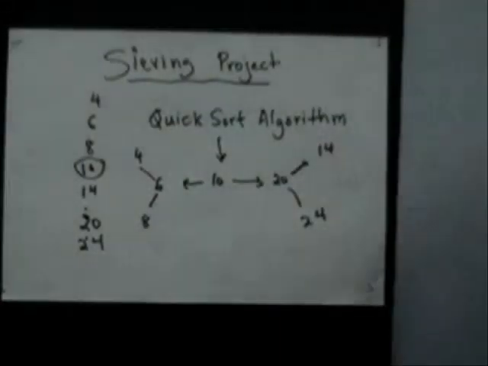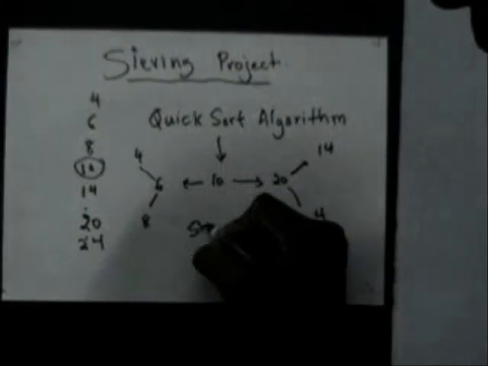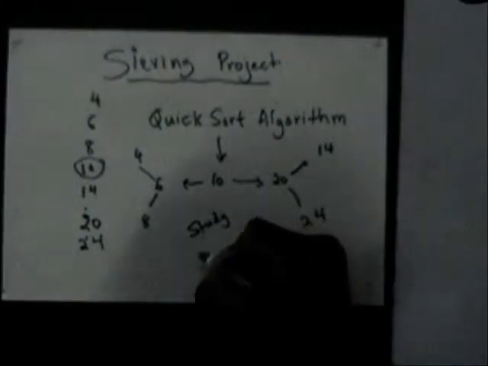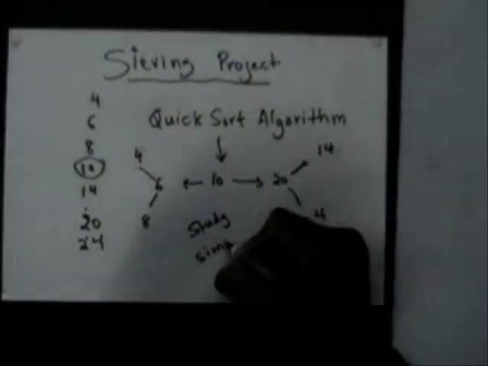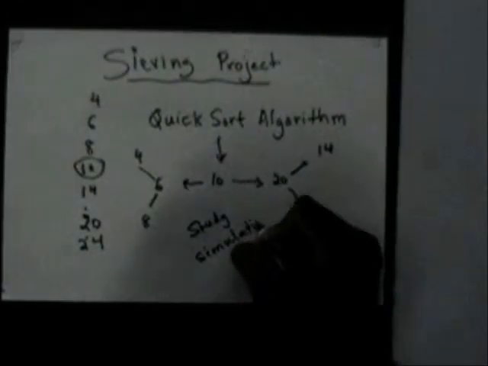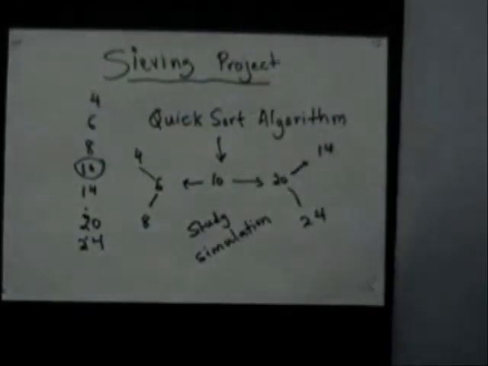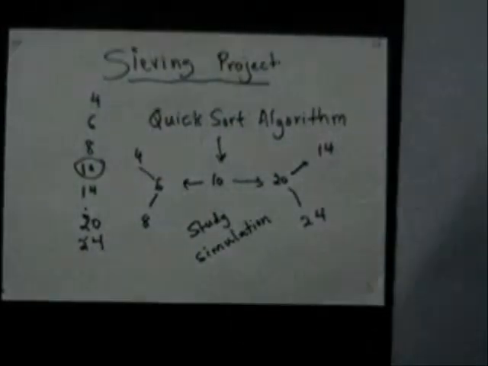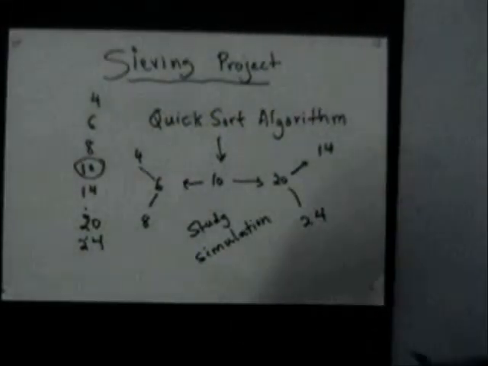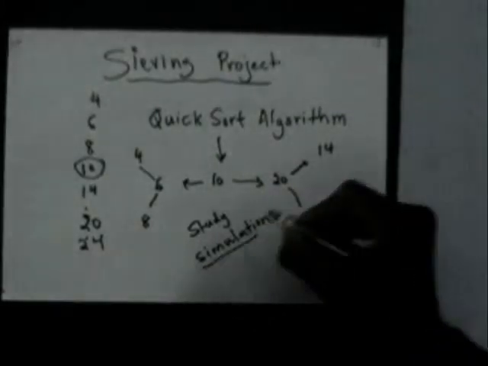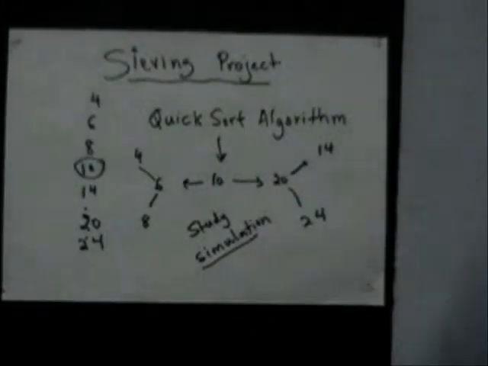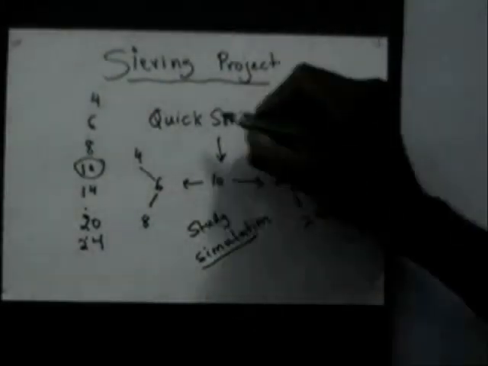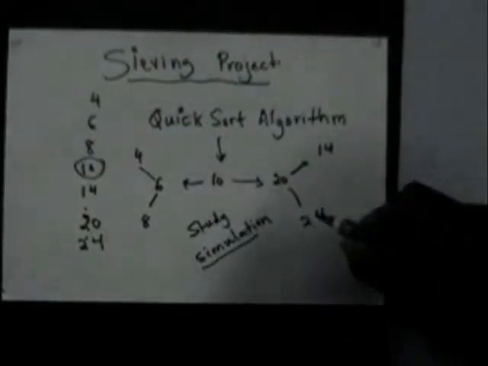So we are going to study, by simulation, what would be the efficiency of the quicksort algorithm for the sieving, and whether it will improve the efficiency of the sieving process as well as the size distribution of the particles.